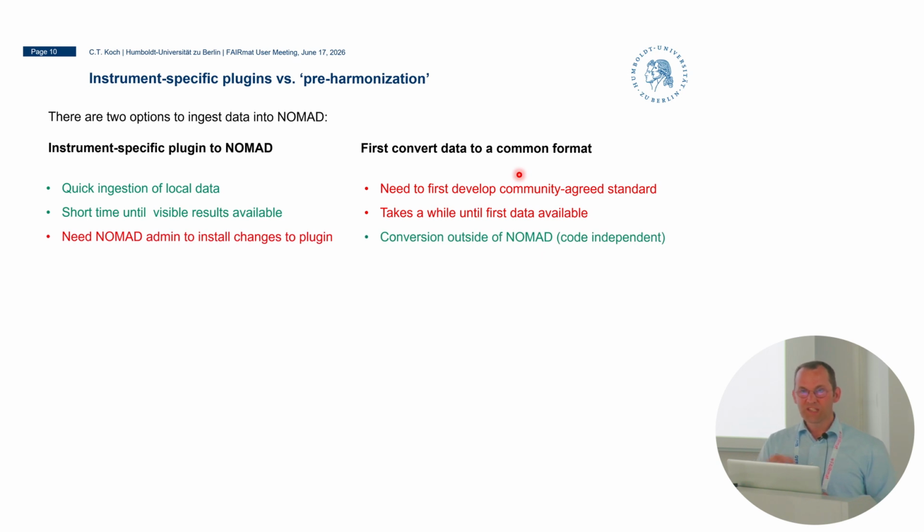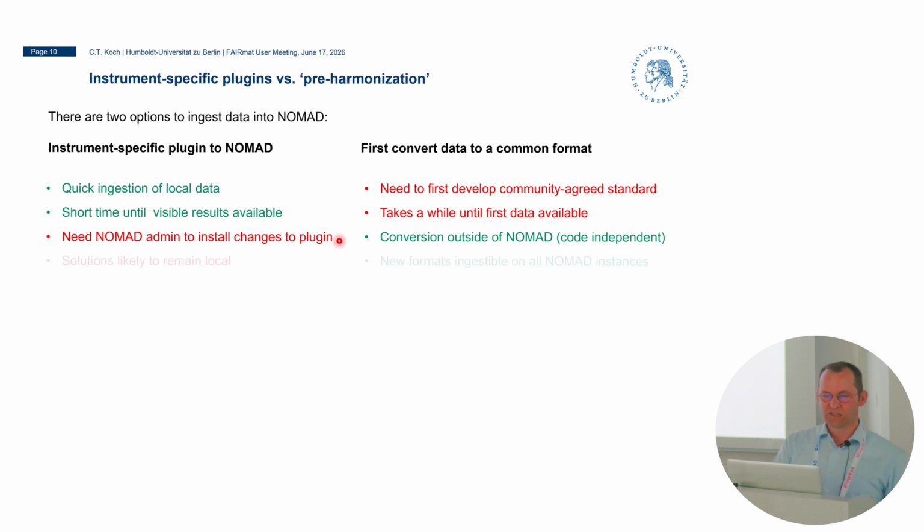However, once you have this standard and once you have something that you can convert to, it can be done outside of NOMAD. So you don't need to change your NOMAD Oasis instance to incorporate a new format. You convert it to this common format, keep basically this metadata structure. You may potentially add something, but keep as much as you can, and you don't have to change anything in NOMAD.